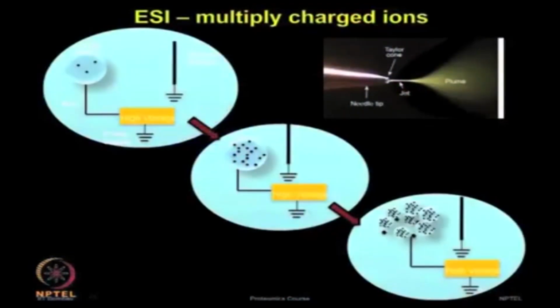You can see this process with much clarity here in this slide. The top panel is showing the Taylor cone generation, and in the center it is shown that production of multiple charged ions. Usually it is coupled to the MS via real time liquid separation.